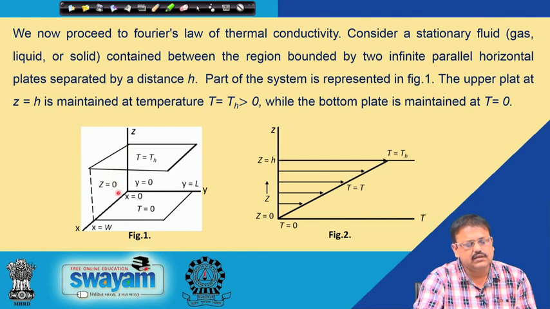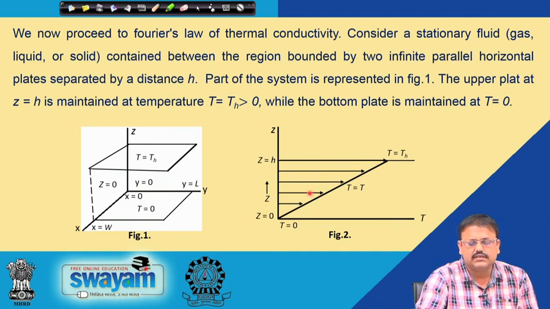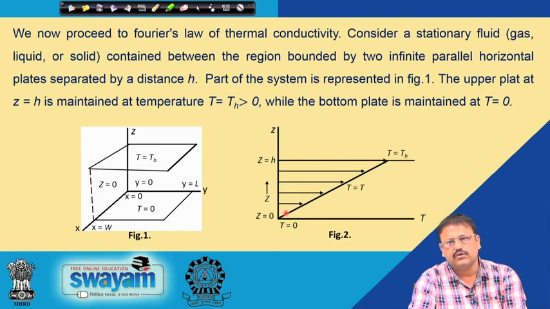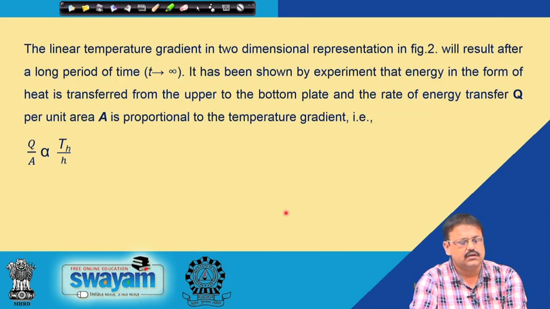Initially, the temperature profile will be parabolic and hyperbolic in nature, that is the unsteady state condition, but in steady state we will get a straight line like this. At that moment, the amount of heat transferred from the top layer to the next layer and so on will be the same, meaning the heat transfer in every layer will be constant for steady state conduction.